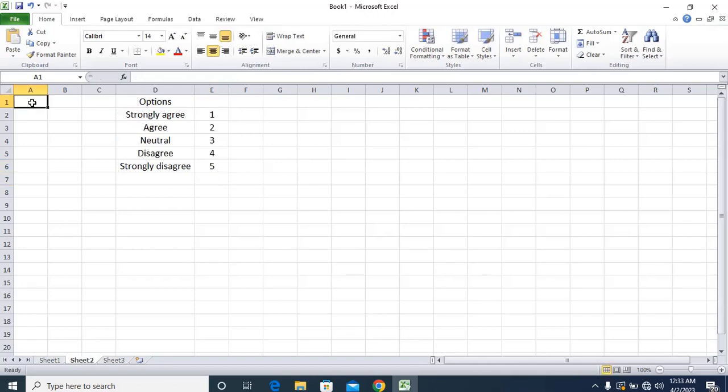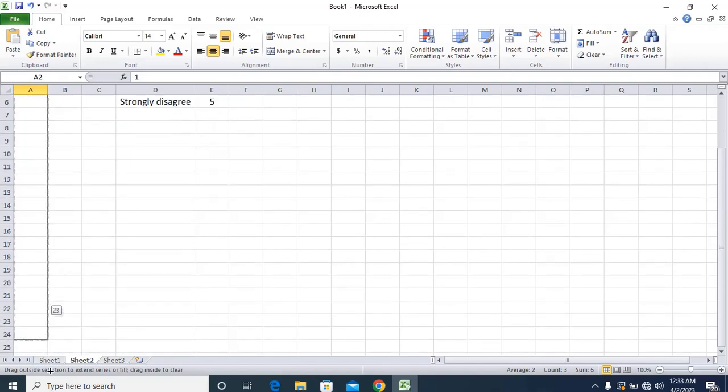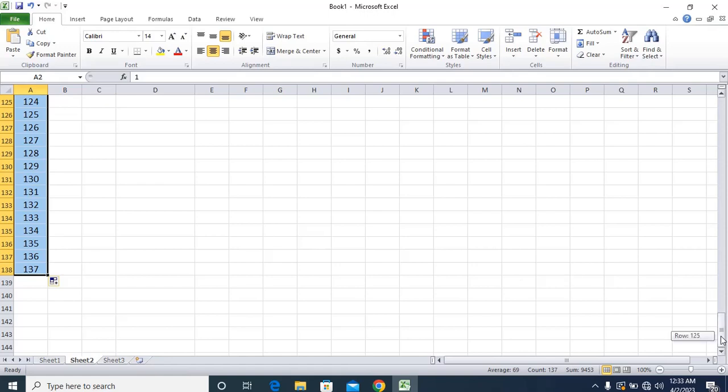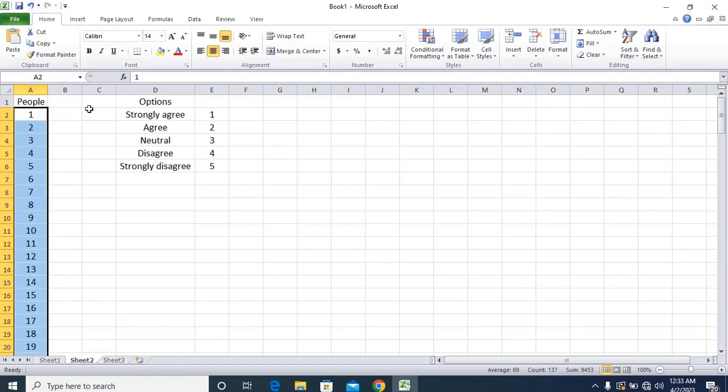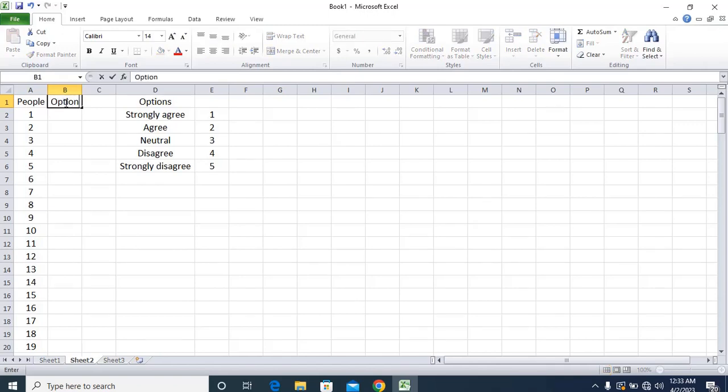Now we are going to apply this questionnaire, these options, on different people. The people may be from 1 to 100 or from 1 to 200. These are the number of people, and now different people tick or mark different options.